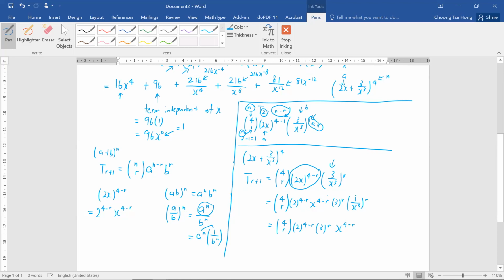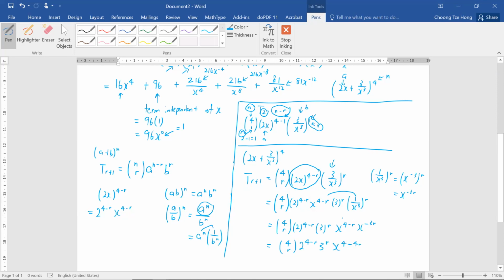Then we want to combine these two x terms together. But before we do that, let's see what will happen to this. 1 over x cubed is x to the power of minus 3, right? So this one becomes x to the power of minus 3r. So you have 4 choose r, 2 to the power of 4 minus r, 3 to the power of r, x to the power of 4 minus 4r.